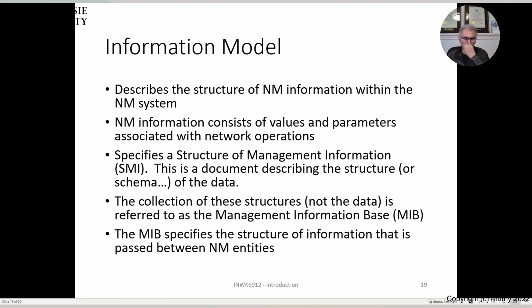We talked about OSI, NMA, or ITU, or all of these models, and now you're mixing things and you start talking about SNMP, but we are still talking about the OSI, right?